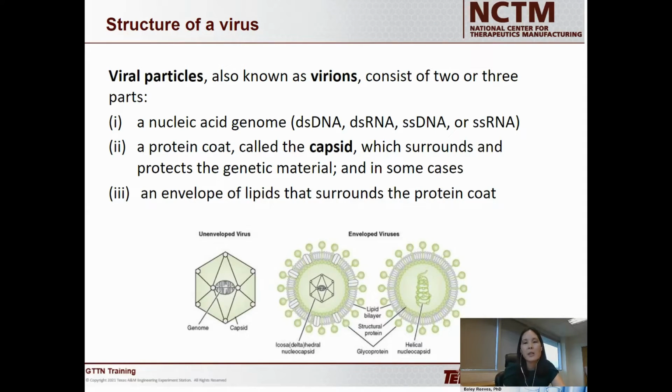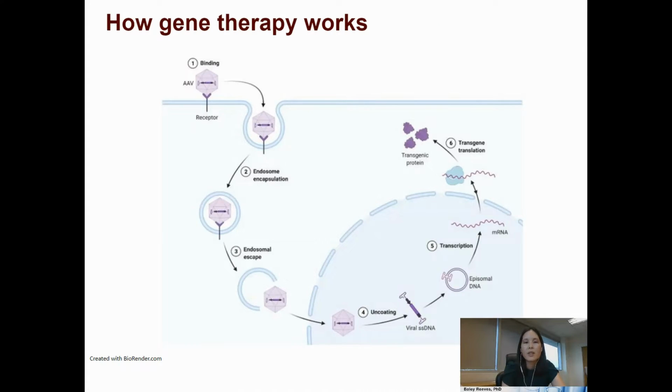And some viruses will also have an envelope of lipids that surround the capsids. So the way gene therapy works is that these viral vectors are modified so that your gene of interest is encapsulated within these viral particles. These viral particles are delivered to cells, and the cells basically uptake them into the endosome.